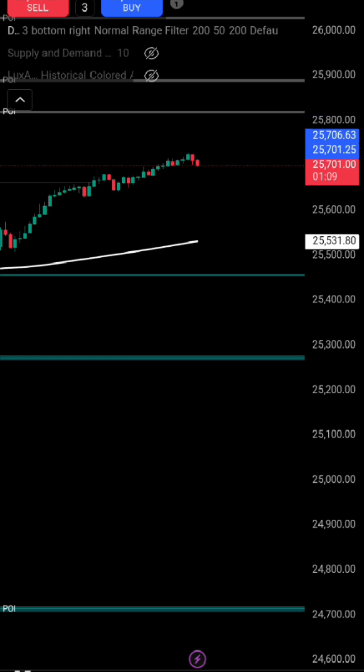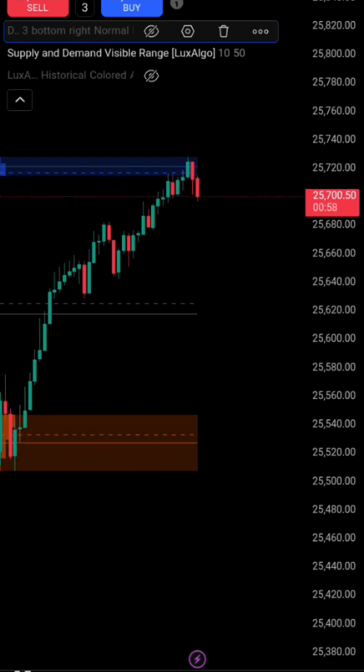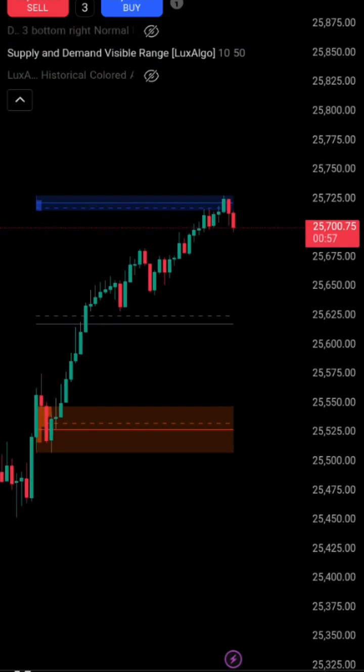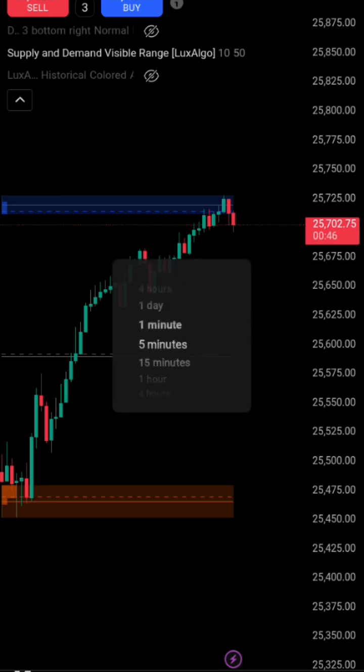And the next indicator I'm going to look at, I'm going to turn this one off, will be the Lux Algo supply and demand indicator. And this is visible range. And it just plots the range in real time. So it's going to let you know in real time on every time frame.